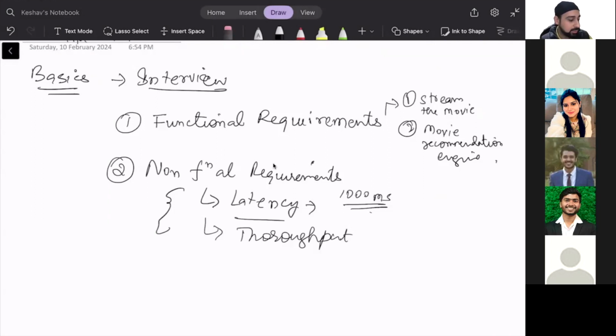And when you come up with these numbers, let's say I want to understand the traffic of Netflix. How do you figure out what's the traffic of Netflix? How many requests can come to the Netflix streaming service at a single instant at peak, is what throughput is. And you have to think of those numbers, because that needs to be a realistic number. You can't just put in anything or everything in play.